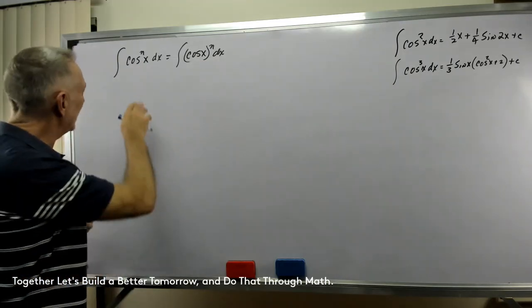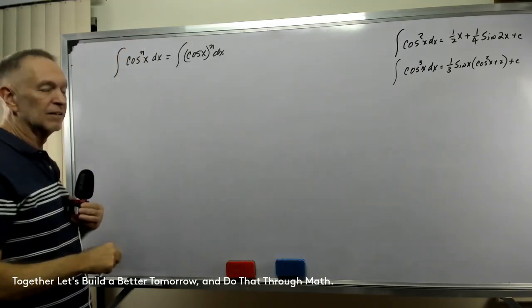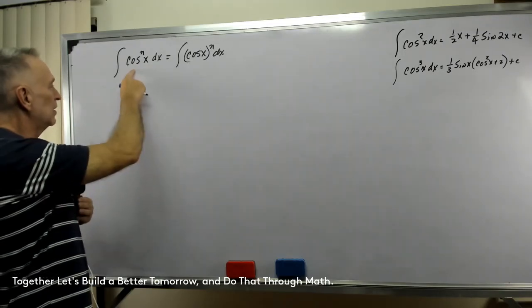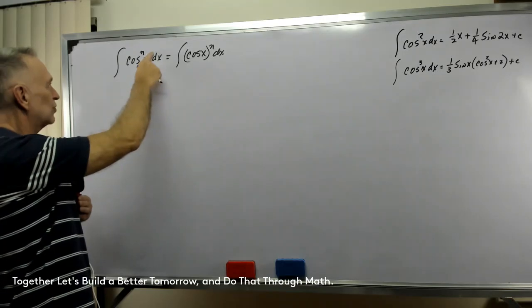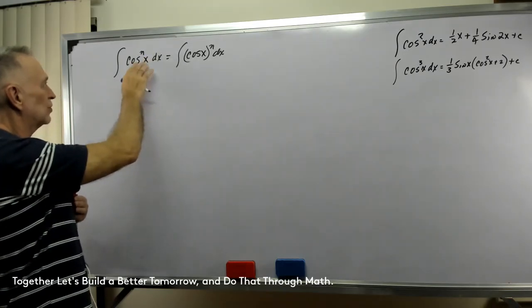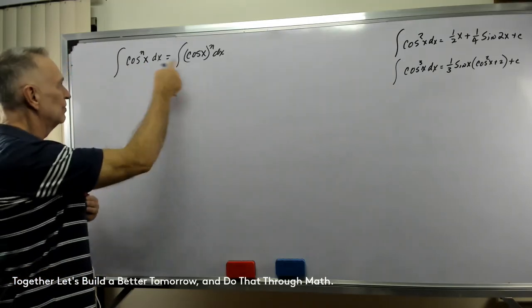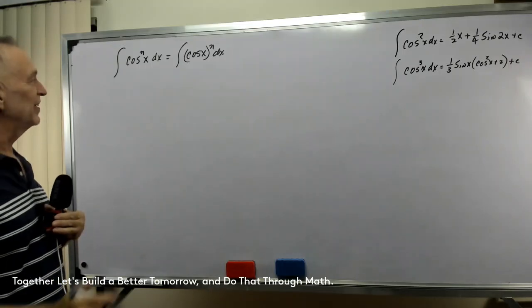But I understand why they say cosine x to the n, if they said cosine x squared or cosine squared x, cosine nx, that way you can tell it's that. Okay, enough said there. Let's get after it.